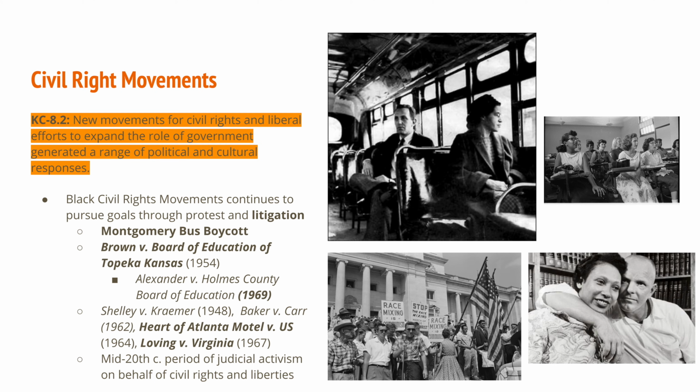Now, there's a slew of civil rights cases that are going to be decided during this historical period, and that has a lot to do with the Supreme Court's Chief Justice at the time, Earl Warren. So we'll see Shelley versus Kramer, which limits the enforcement of protective covenants on houses.